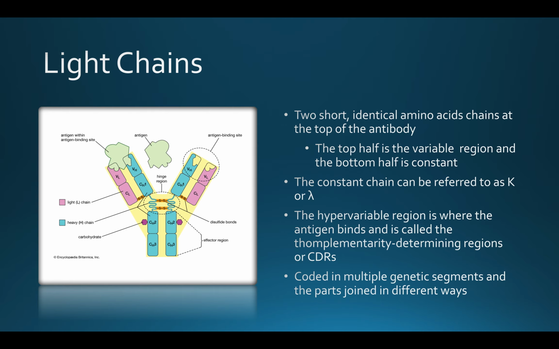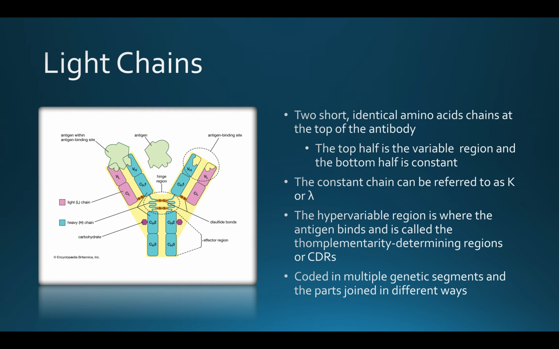So our light chains are 2 identical amino acid chains at the top of the antibody. The top half is the variable region, the bottom half is the constant region. Here we have our light chains, these 2 little ones right here. These constant regions can be referred to in their amino acid sequence as either kappa or lambda.